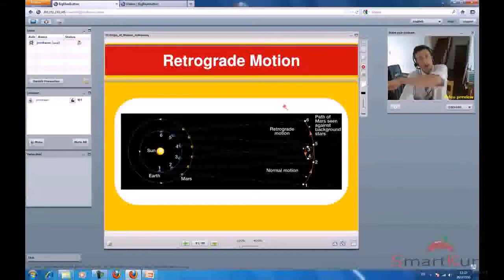We're talking about the path that it takes over 6 or 7 months. So even though during one night we would see Mars move from east to west like that, Mars is going to make that same path across the sky every night. But we're talking about how that arch is moving from month to month.